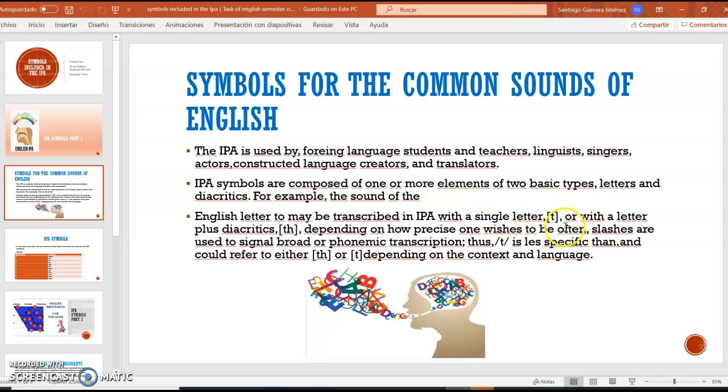Often slashes are used to signal broad or phonemic transcription. Thus, /t/ is less specific than and could refer to [tʰ], [t̪], or [t], depending on the context and language.